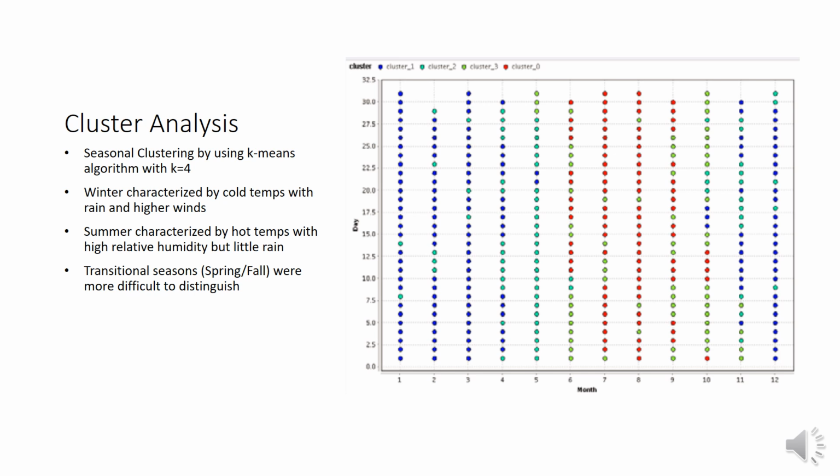But so as you can see with those, there's kind of blue and yellow interspersed with each other for May and also September and October. But overall, this shows a pretty good representation of what the weather would be like for each month and what season that corresponds to.